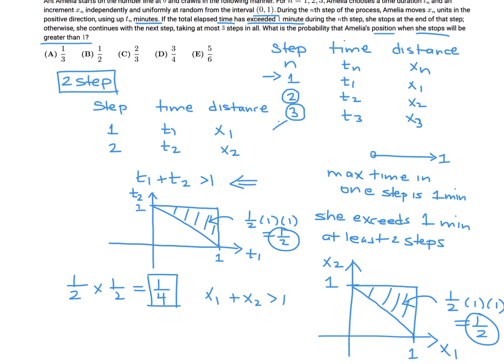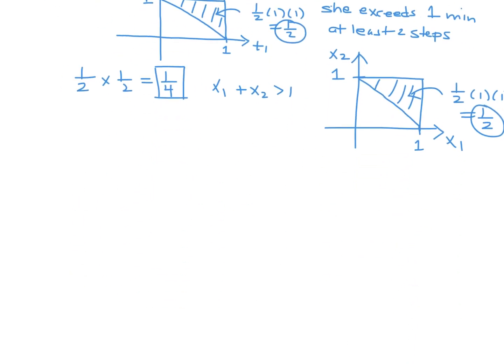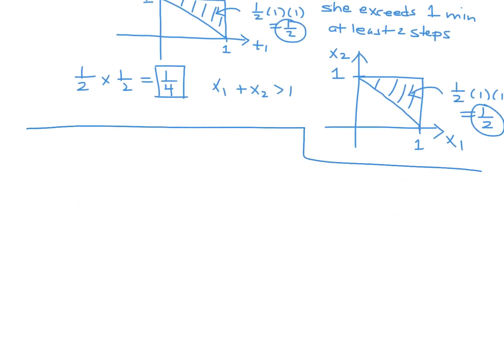Now we also have to do 3 steps. So 3 steps is the next one, and then eventually we'll combine it with this 1/4. Okay, let's think about this one now. With 3 steps, that would mean that on the 3rd step, you get more than 1 for the time.